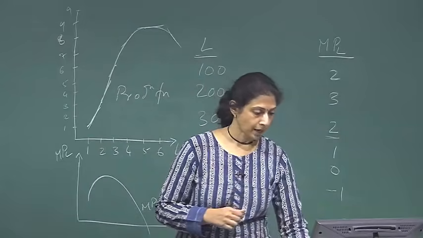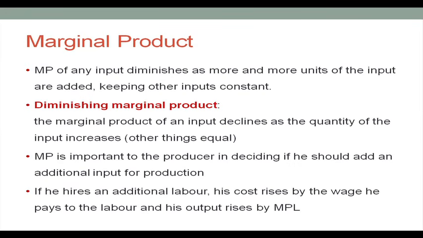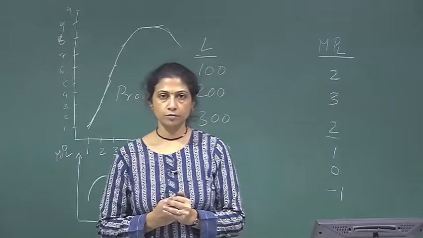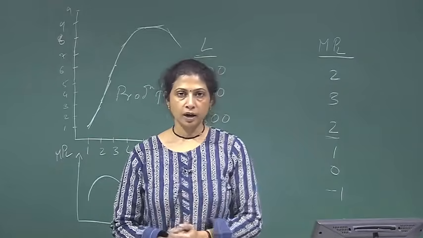So this is why MP is important to the producer in deciding if he should add an additional input for production. Now if he hires additional labor, his cost rises by the wage he pays to the labor, and his output rises by the marginal productivity of labor, and this is why it is important to understand.